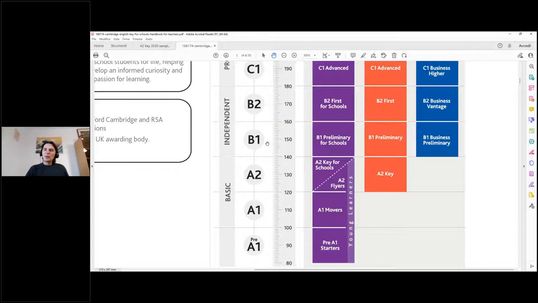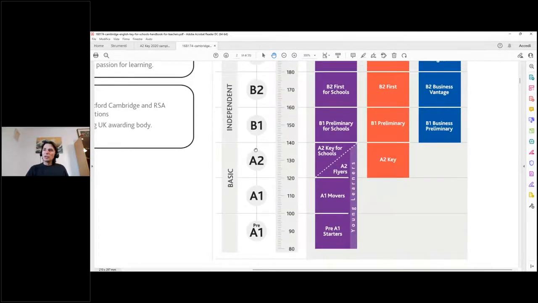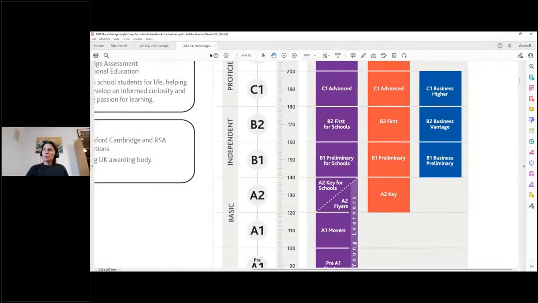I know it might sound bizarre, but if you take a B1 exam and you still score, let's say 140 or 135, you're going to get an A2 certification. There are enough points there that you can get when you take your exams with Cambridge.